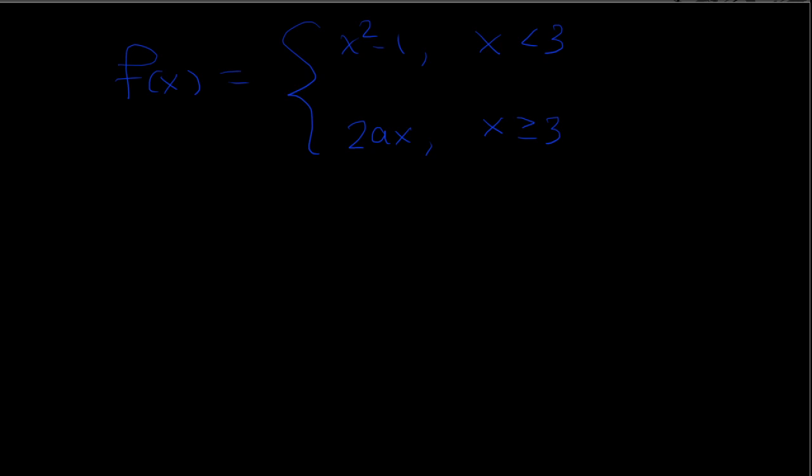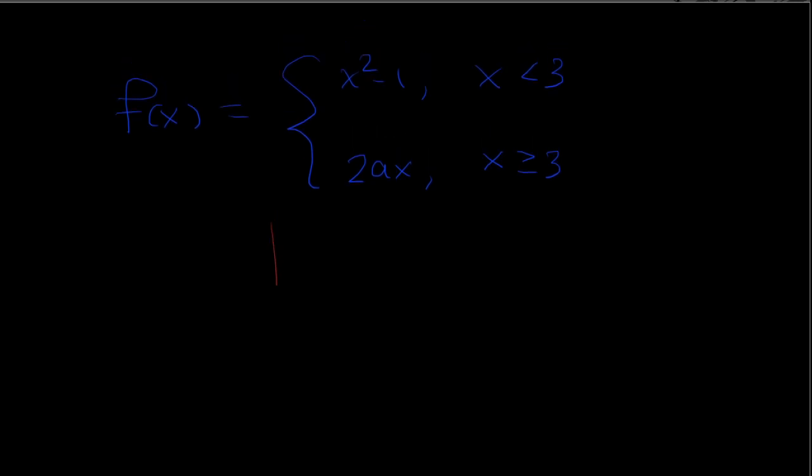But the problem is at x equals 3. So if we were to graph this, just to get an idea, to the left of 3 is going to be x squared minus 1.